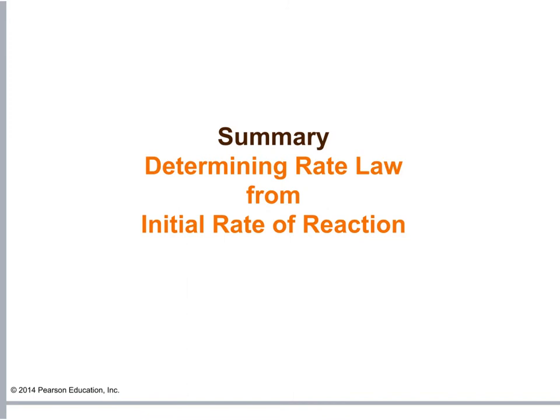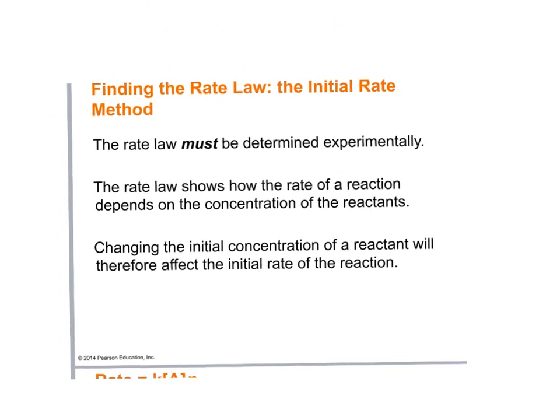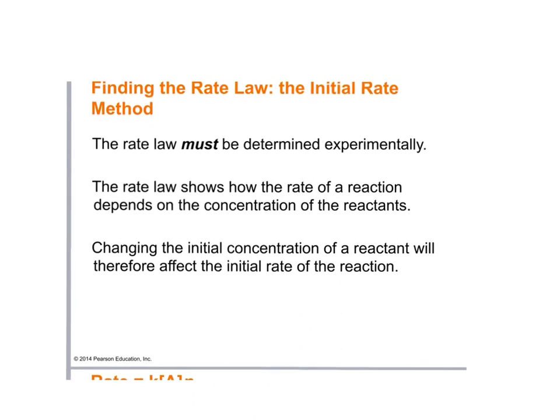So let's talk about determining rate laws from the initial rate reaction. In the initial rate method, the rate law must be determined experimentally. The rate law shows how the rate of reaction depends on the concentration of reactants, and changing the initial concentration of the reactant will affect the initial rate. So we looked at all of those factors.